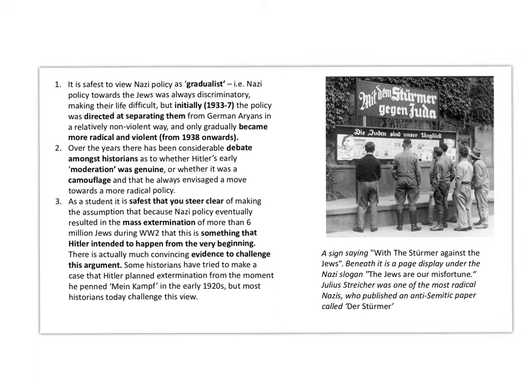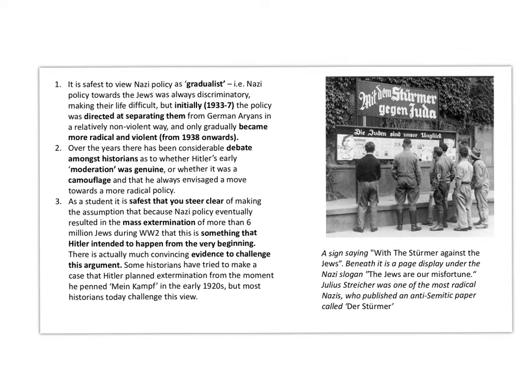Broadly speaking, and I suppose rather simplistically, and a very much debunked view, but we still need to be aware of it, is that if you go way, way back to the early 1920s when Hitler wrote Mein Kampf, and you read Mein Kampf knowing that eventually, 20 years later, the Nazi regime during World War II murdered 6 million Jews, you can be selective in your reading of Mein Kampf, and you can see references, and there's lots of references towards Hitler's hatred of Jews in Mein Kampf.